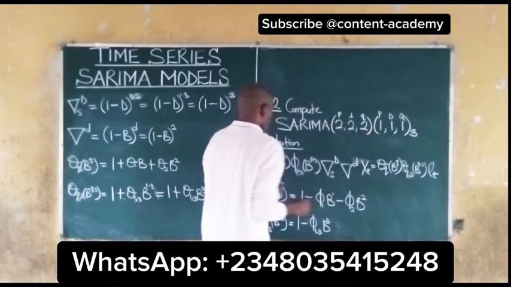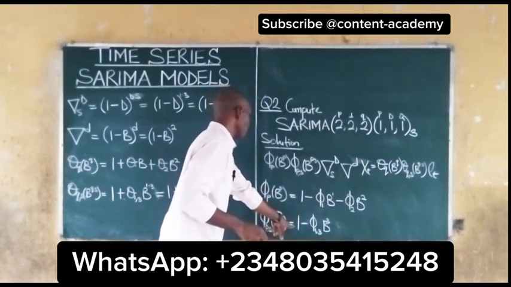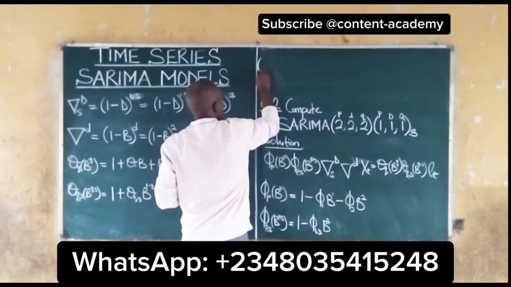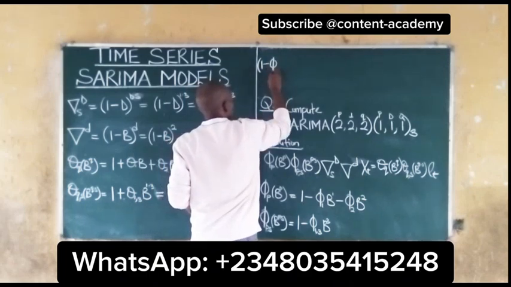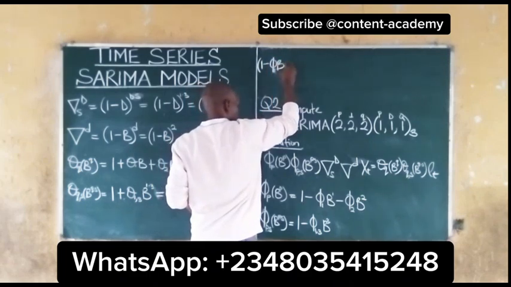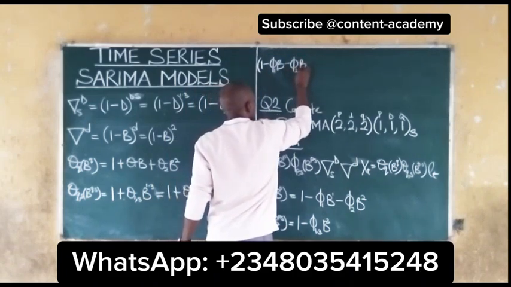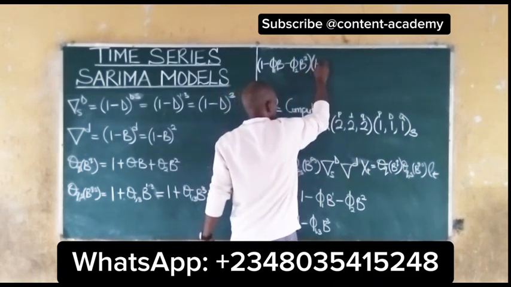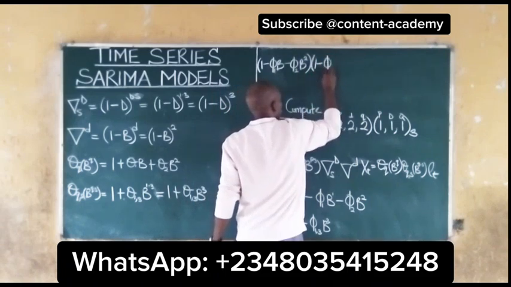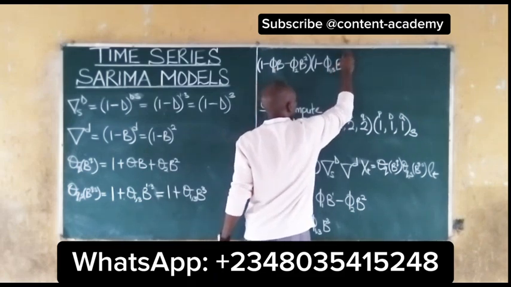Now, we have this part. So we write (1 minus phi_1 B minus phi_2 B^2)(1 minus Phi_{1,3} B^3).